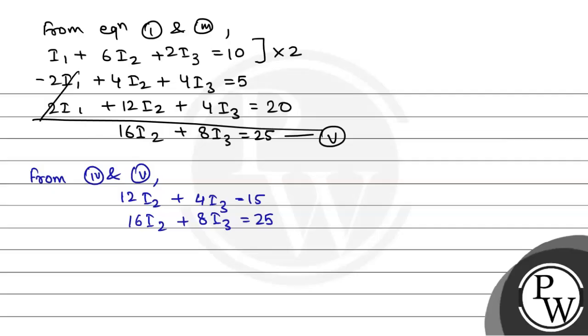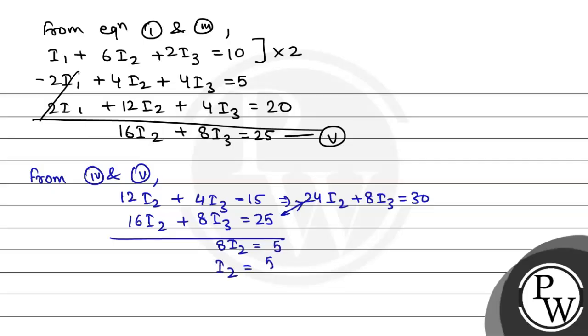So इन दोनों को अगर हम सॉल्व करेंगे, इसको अगर हम 2 से मल्टीप्लाई कर दें, so we will have 24I2 plus 8I3 that is equal to 30. So इन दोनों इक्वेशंस को सॉल्व करें, so we will have 8I2 that is equal to 5, और I2 is equal to 5/8 that is 0.625 ampere. This is I2.